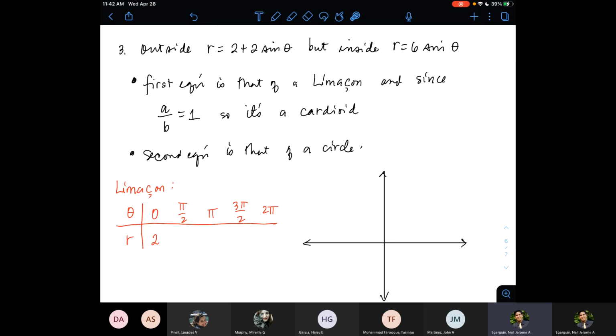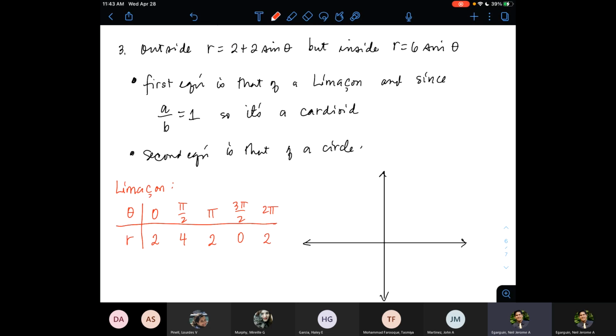All right. When theta is pi over 2, this is 1, so we'll get 4. When theta is pi, this is again 0, then plus 2, so we'll have a 2 there. At 3 pi over 2, this would be negative 1, so we'll have negative 2 plus 2, so we'll get a 0.